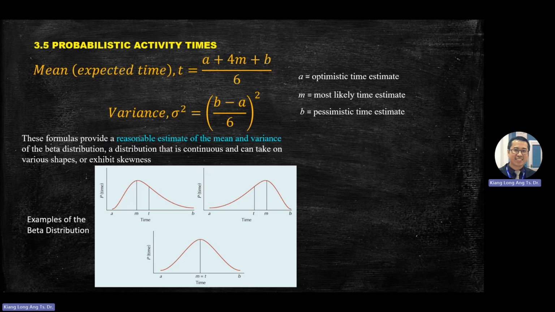This is the optimistic curve because the center of the curve is moving towards A, and A is optimistic. This is the pessimistic curve. The maximum peak is moved towards B, and B is pessimistic.